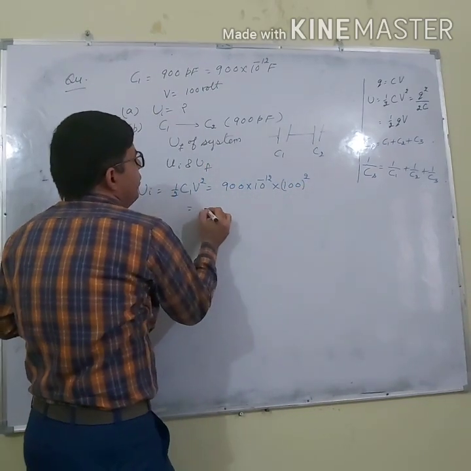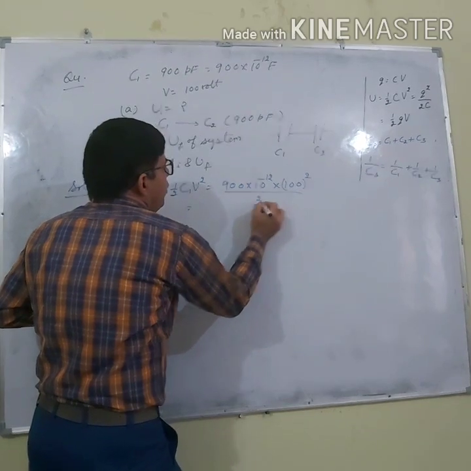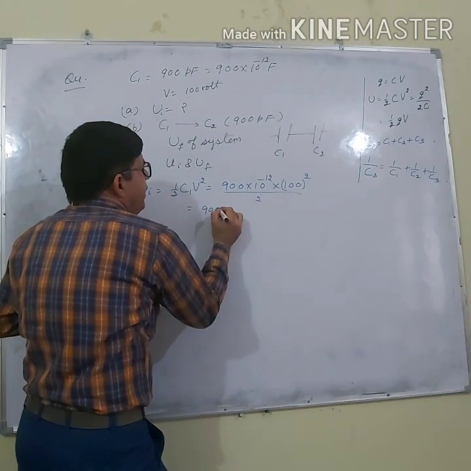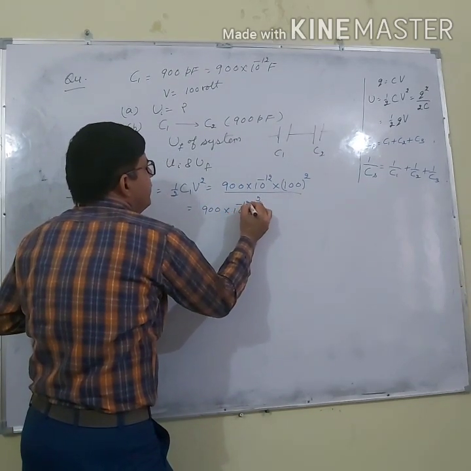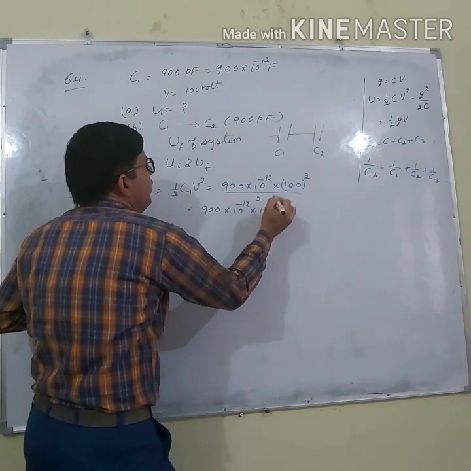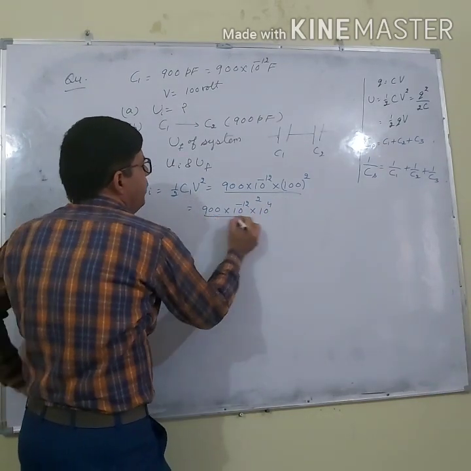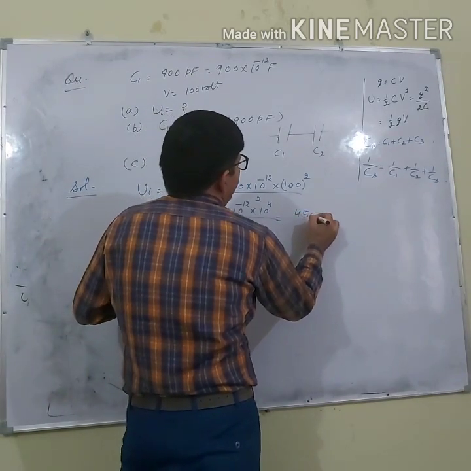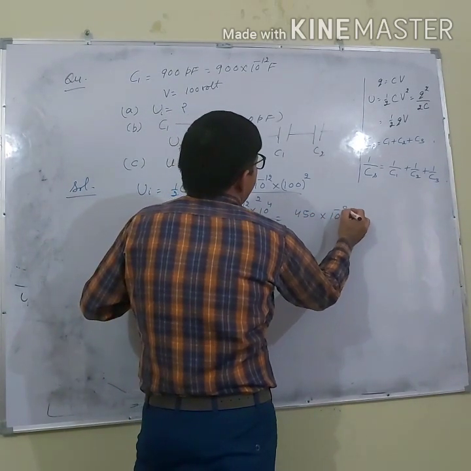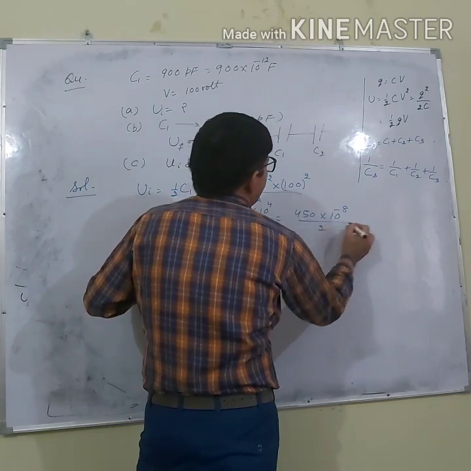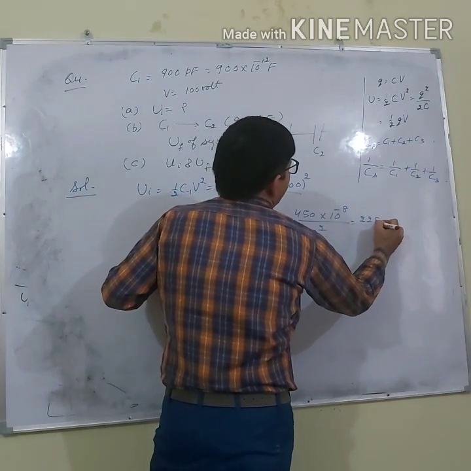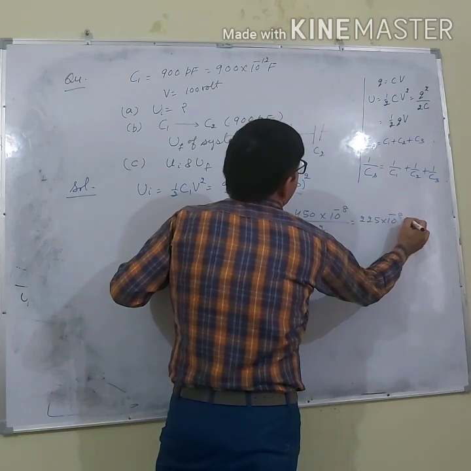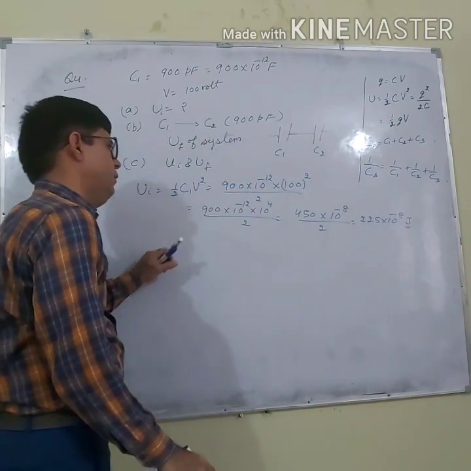So when you solve this, divided by 2, 900 × 10 to the power minus 12 into 10 to the power 4 by 2. If you solve this, 450 multiplied by 10 to the power minus 8 by 2, 225 into 10 to the power minus 8 joule.